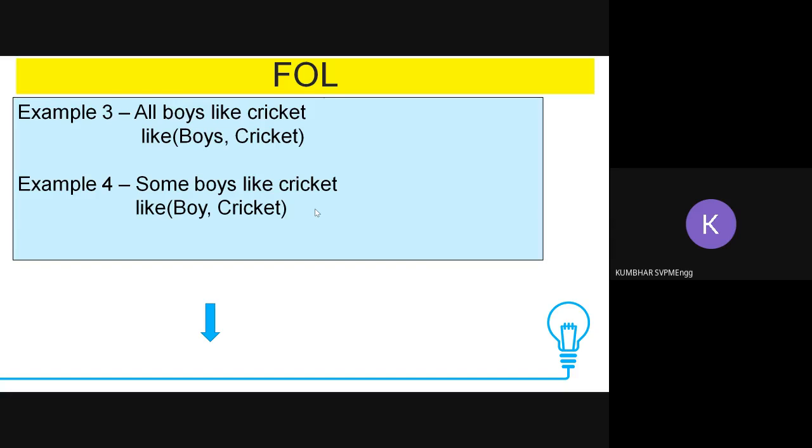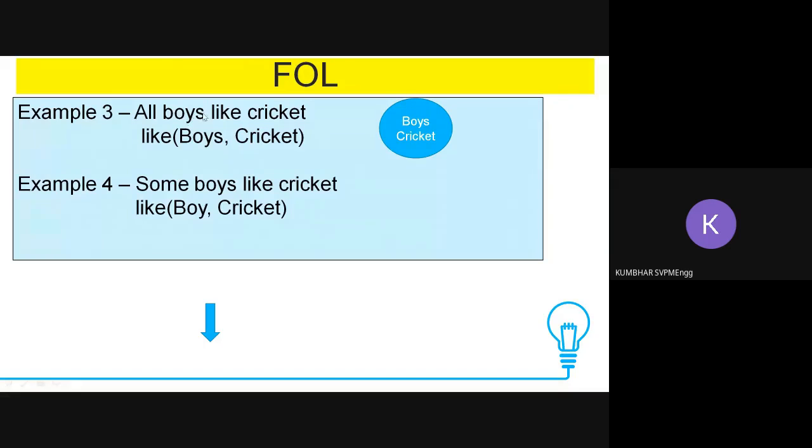Right now we are learning how to write the statements, but in English, definitely this question will be in your mind: the first statement is all boys like cricket and the second statement is some boys like cricket. But as predicate logic, boys is one set and cricket is another set.